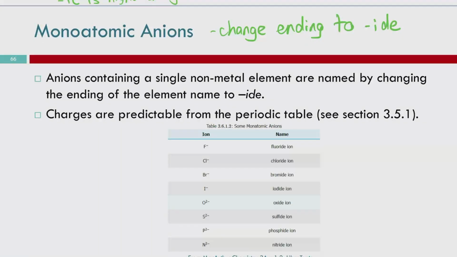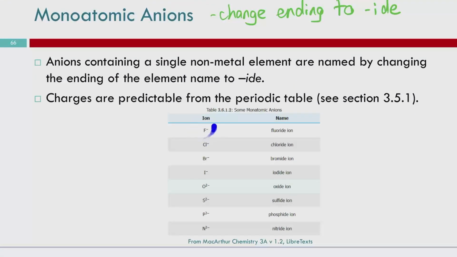These ones are nice because the charges are predictable based on the periodic table. It's what we were going over in lecture. So if we're in the halogens, the 7A, those are all going to be 1 minus charges. If we're in the 6A, the chalcogens, that's going to be 2 minus. If we're in the 5A, which is the pnictogens, that's going to be our 3 minus. You don't need to know the names chalcogens or pnictogens. They're just fun.